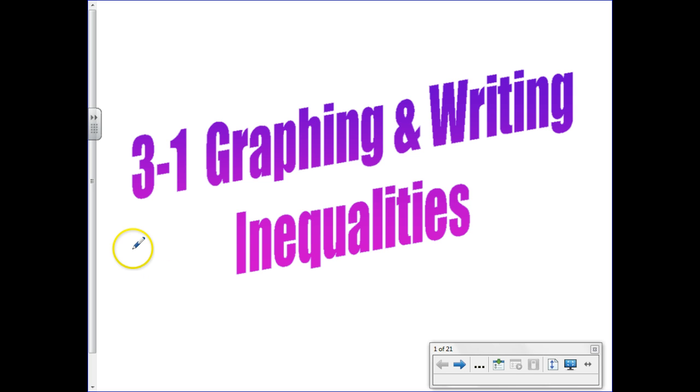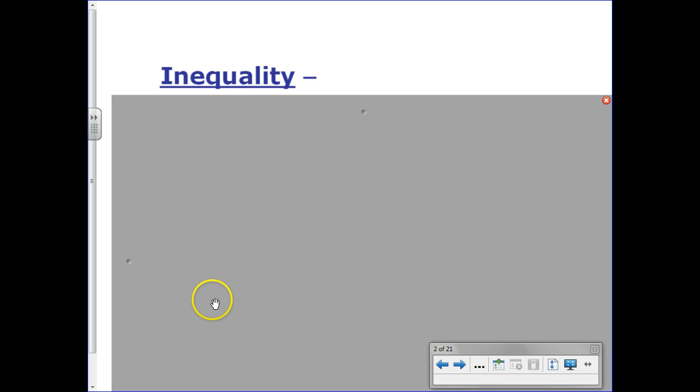At the heading of your notes for the first section, write 3-1, graphing and writing inequalities. First, I guess we need to actually talk about what an inequality is. Using your fabulous grammar skills and knowing what the prefix in means, which is not, basically it means something that's not going to be equal.